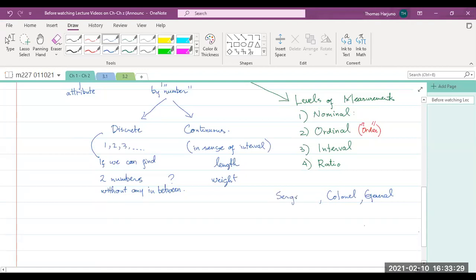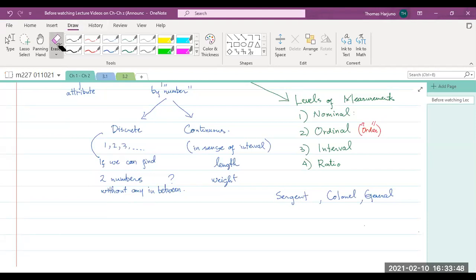Of course, we cannot say there are 3 people in that room, surgeon, colonel, and general, what's the average? We cannot do average in the sense of adding and then dividing by 3. But we can put them in order, from the lowest rank going to the highest rank.